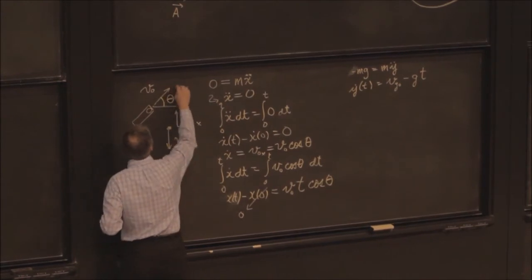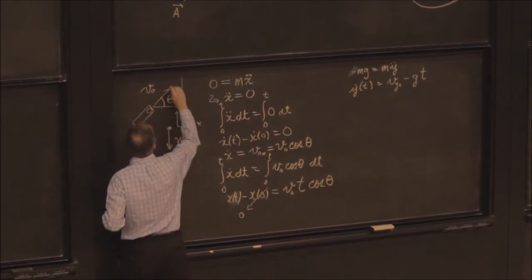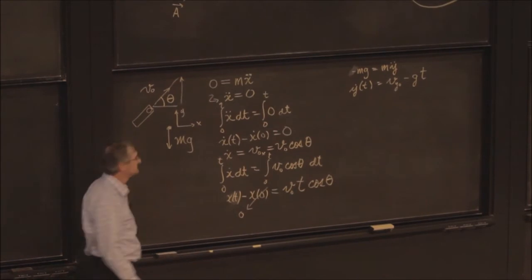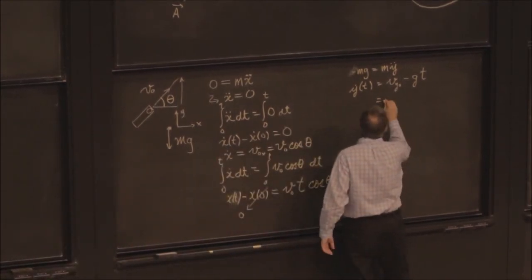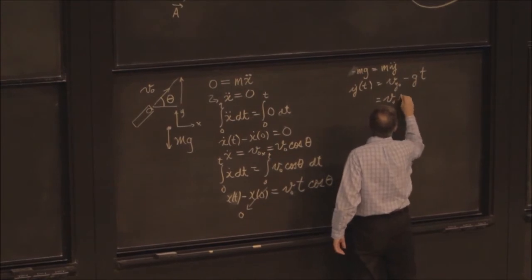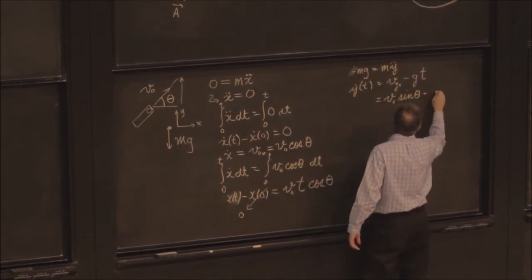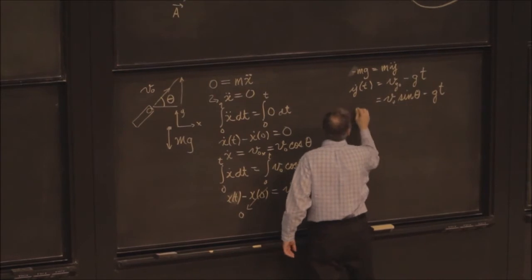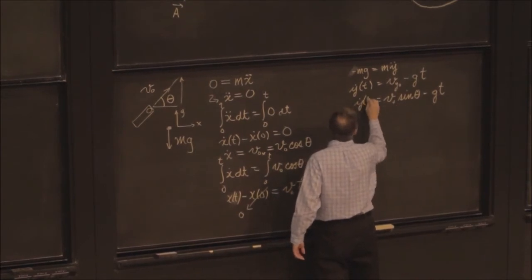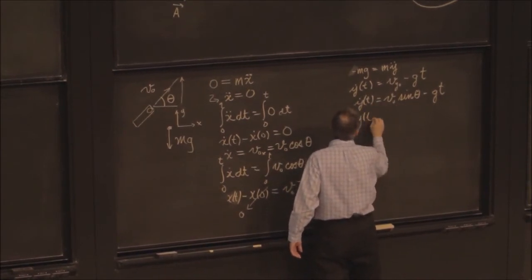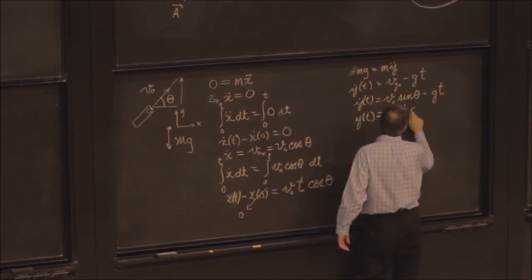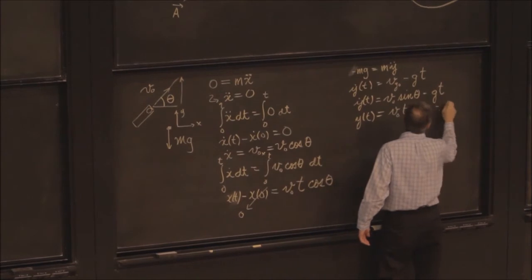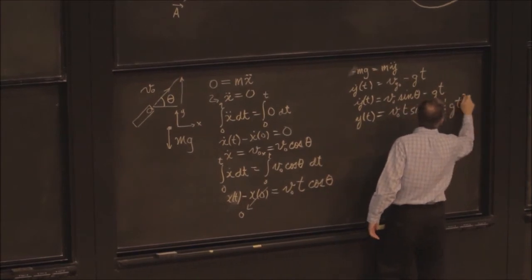That's this component. So that looks like the opposite. So that's sine. So I would have v naught sine theta minus gt, which we integrate again to get y of t is equal to v naught t sine theta minus 1/2 gt squared.